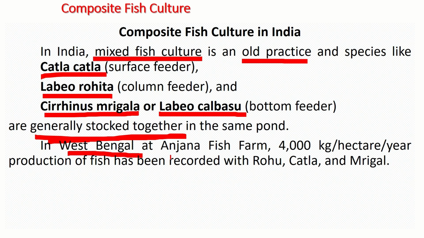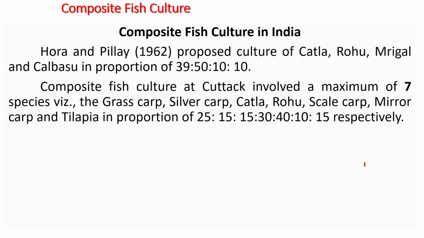In West Bengal, at Anjana Fish Farm, 4,000 kg per hectare per year production of fish has been recorded with Rohu, Catla and Mrigal. Hora and Pillai in 1962 proposed culture of Catla, Rohu, Mrigal and Calbasu in the proportion of 30:50:10:10.